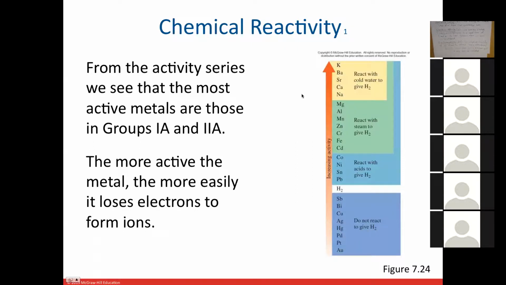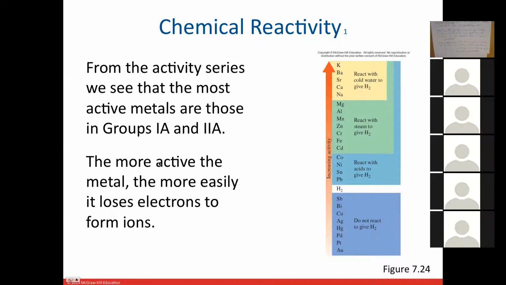So we talked about the activity series. The most reactive metals are the most down and to the left on the periodic table. The least reactive metals are the most up and to the right, essentially. So we see that the most active metals are those in the 1A and the 2A, really far to the left on the periodic table.